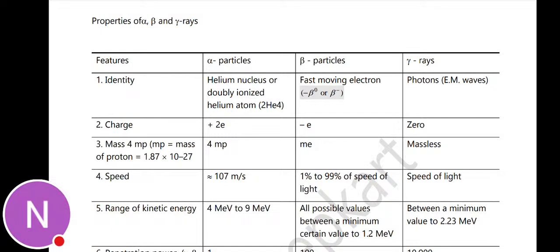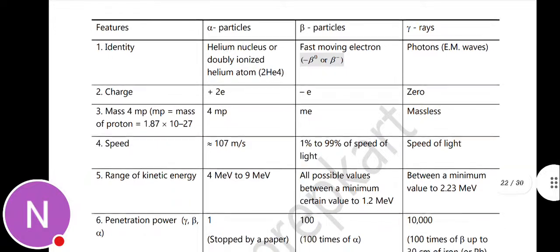Identity: the alpha ray is a helium nucleus or doubly ionized helium atom, the beta ray is fast moving electrons, and the gamma ray is photons, electromagnetic waves. Charge is plus 2e for the alpha particle, minus e for beta particles, and 0 for gamma.